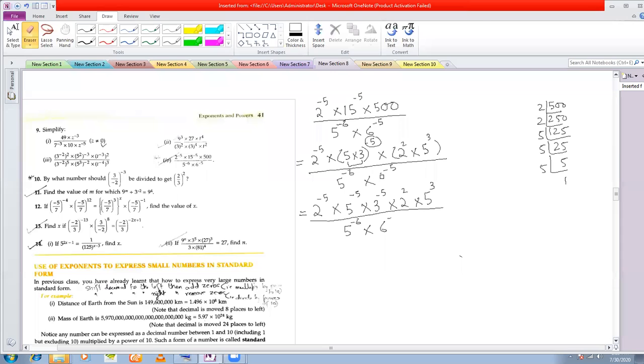Okay, so let me just prime factorize here. 6 can be prime factorized to 2 into 3, to the power of minus 5. So now in this step, what I can write is 2 to the power of minus 5 into 3 to the power of minus 5.